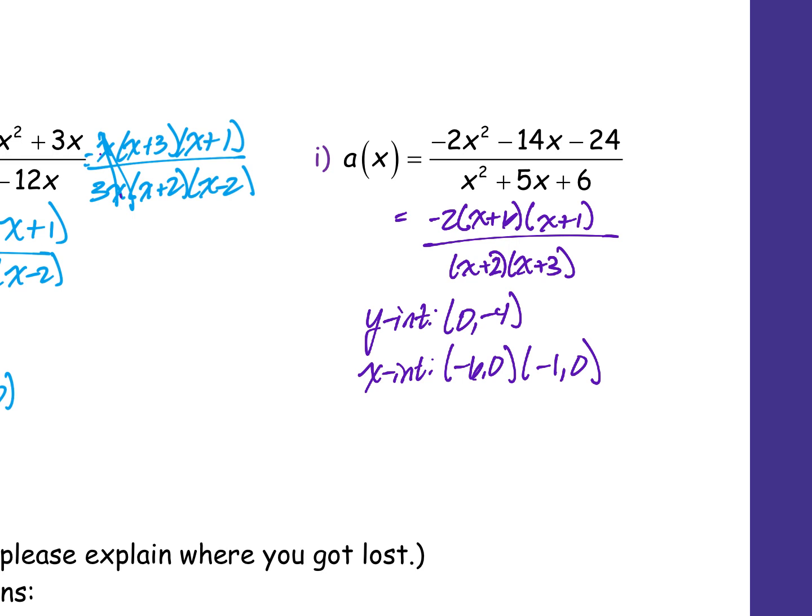Okay? What? I plugged it into the original thing. That is the original. There's nothing that cancels out. Okay. Right? So if I plug 0 into my original, that's 0, that's 0, that's 0, that's 0. I get -24 over 6, which is -4, right? Isn't that right? I did divide that, right? 24 divided by 6 is 4, right? Yeah.